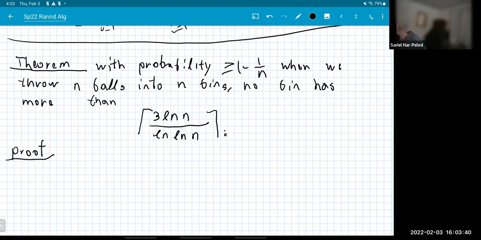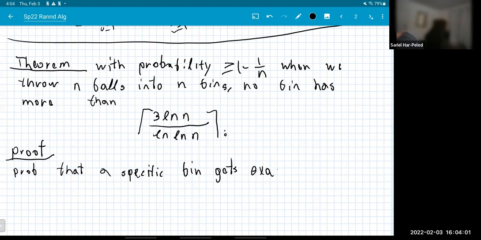So we'll start with the question: what's the probability that a specific bin gets exactly i balls?